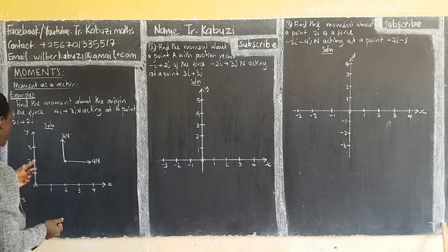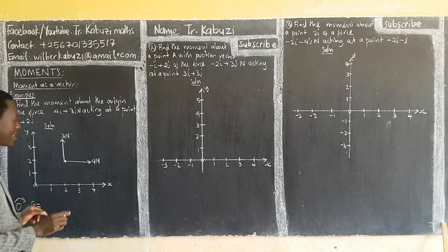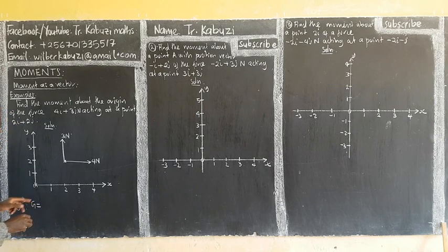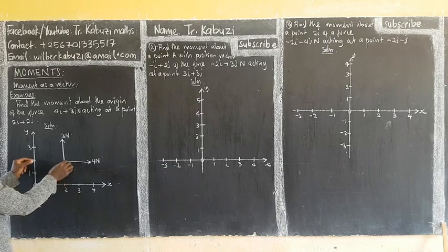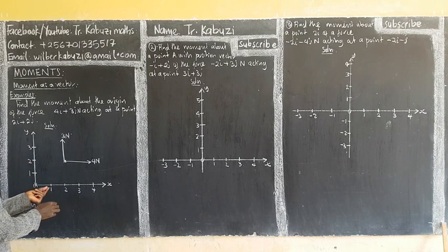It's up to you. Now I'm going to consider them clockwise. We always note that we need the force and the perpendicular distance. From the point where we are taking, this is our point O. So we need the perpendicular distance to this force here. Then we shall also need the perpendicular distance to this force.